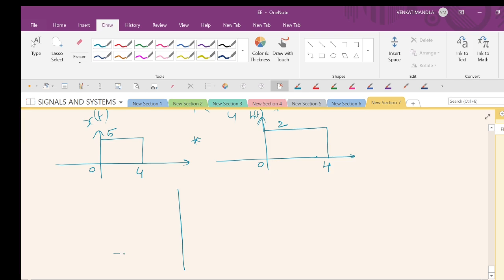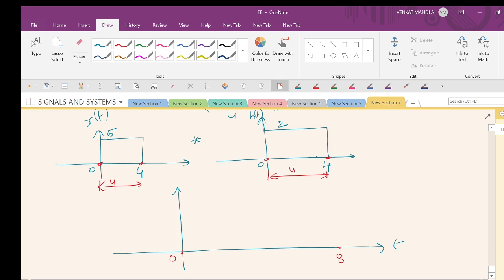Now first identify the extreme points. 0 plus 0, this is 0, and 4 plus 4 is 8, right? Next, the smallest pulse width from these two. This has 4, this also has 4. Okay, 4 only.